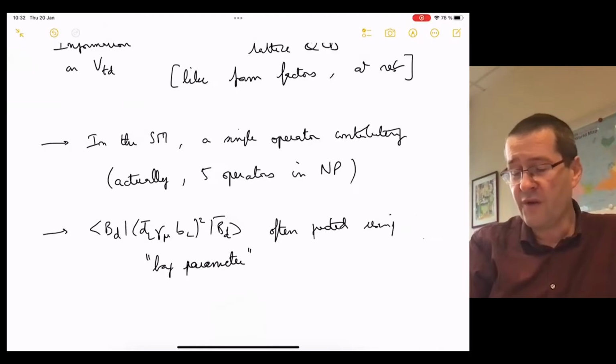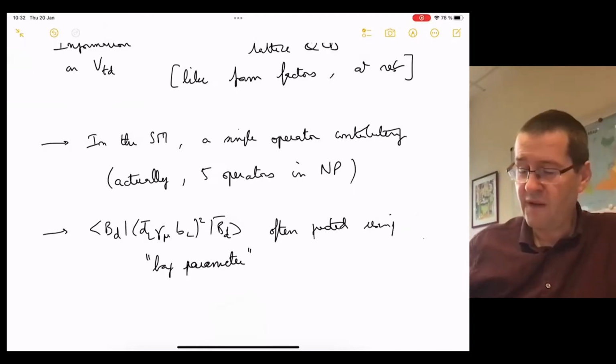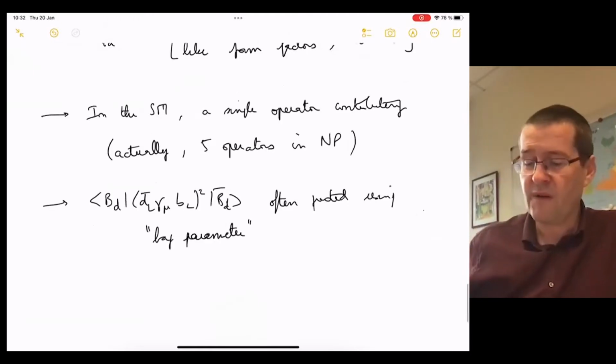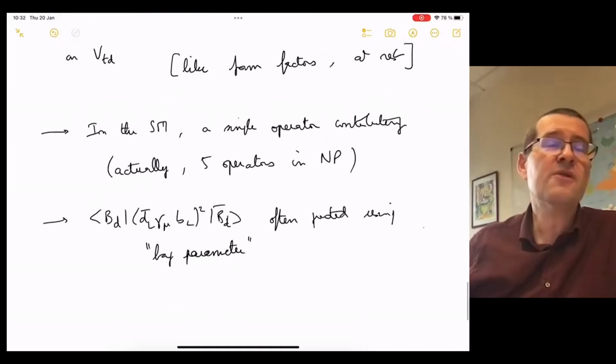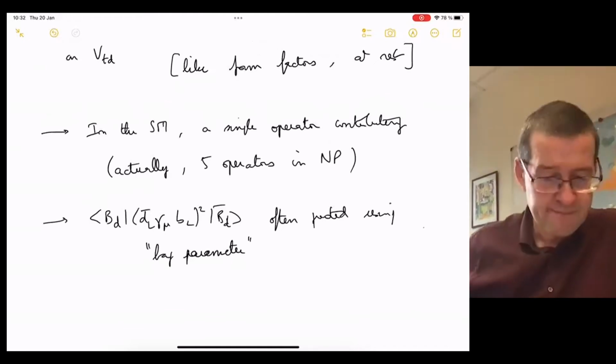So it's just a different normalization. I will not discuss that in detail, but if you encounter the term, that just means, in fancy units, this kind of matrix elements.